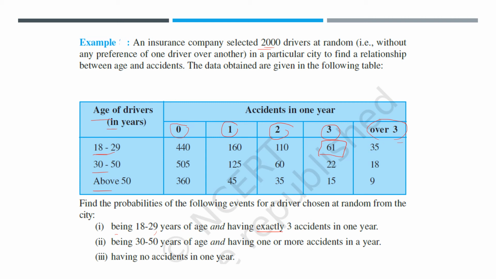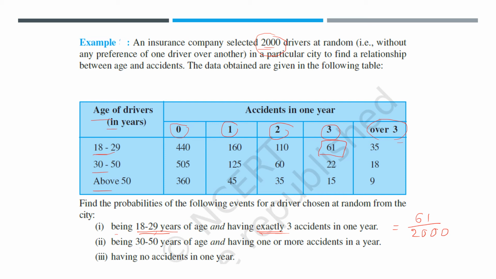The probability here is, out of the total of 2000 drivers, 61 drivers are between 18 to 29 of age and have exactly 3 accidents. So 61 over 2000. It's not as complex as it looks. All right, let's look at the next problem.